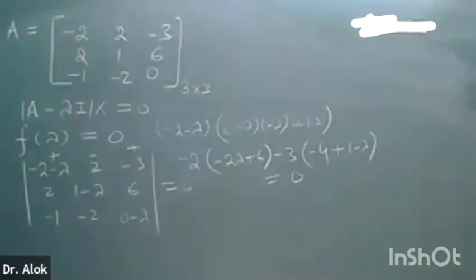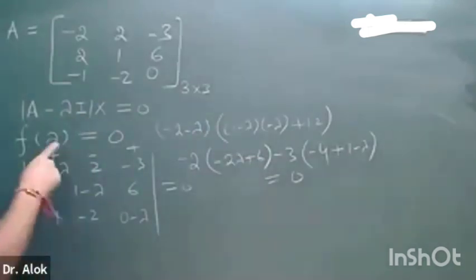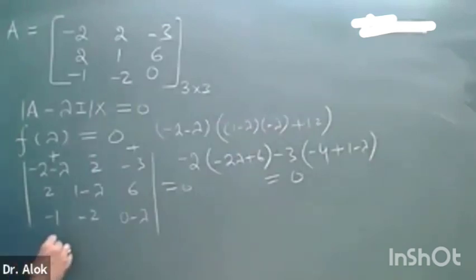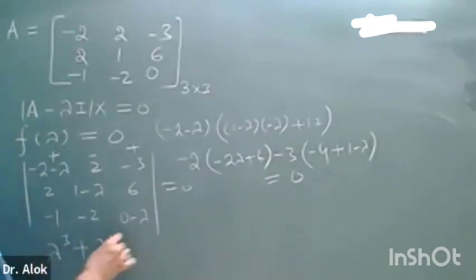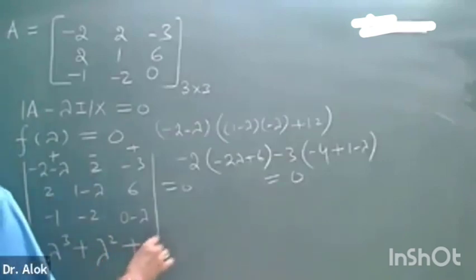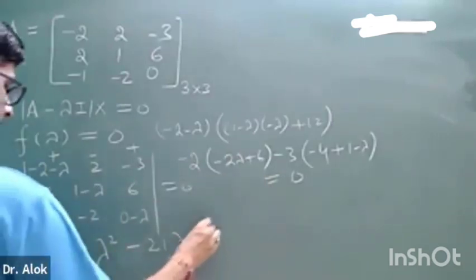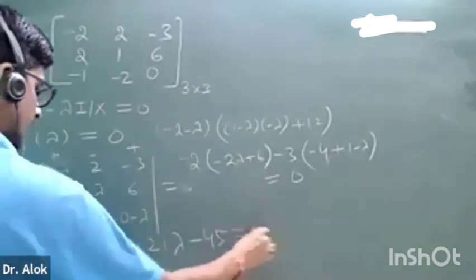Yes, sir. So what equation will be formed? F lambda is equal to 0. Anybody can tell? Did anyone calculate? Cubic. Cubic what equation? So it will be lambda cube plus lambda square plus 21 lambda minus 21 lambda minus 45 is equal to 0.